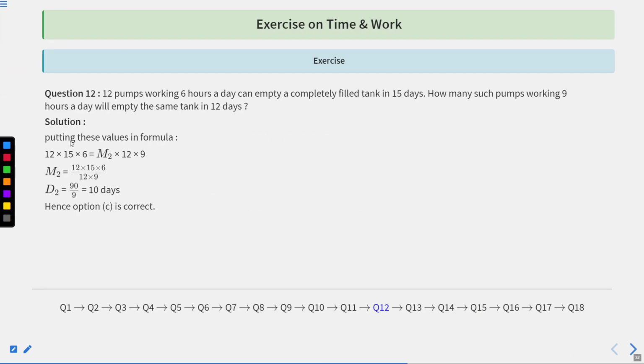So putting these values in the formula, you will get 12 into 15 into 6 equal to M2 into 9, 12 into 9. So M2 will be 12 into 15 into 6 upon 12 into 9, that is 90 upon 9. So M2 is 10. So the option correct here is option C.